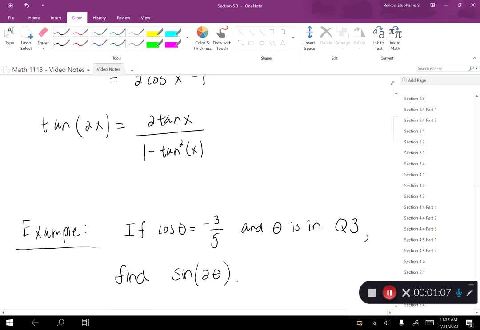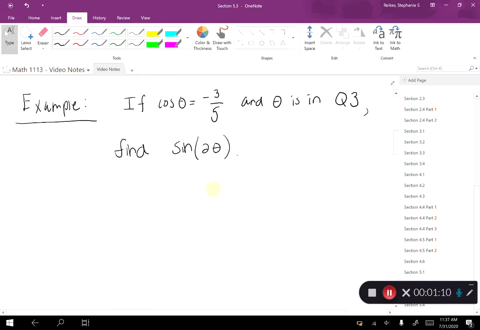Let's take a look at a quick example next. If cosine theta is equal to negative 3 over 5 and theta is in quadrant 3, find sine 2 theta. So first thing I'm going to do is draw a picture of what I have. So my angle is in quadrant 3, and I'm told cosine theta is negative 3/5.